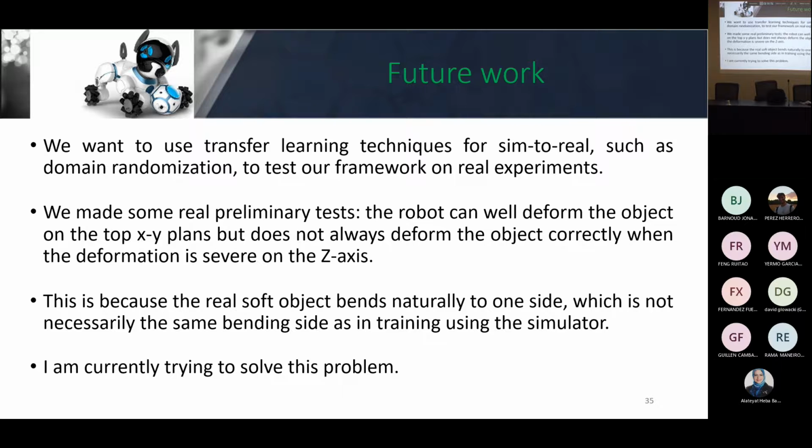because on the Z axis, actually, I discovered that the real object is going to try to bend naturally to one side, which is not necessarily the same side as the bending one in the simulator. So of course, what the agent was trained on is not really similar to what it was tested on. So of course, it's harder.